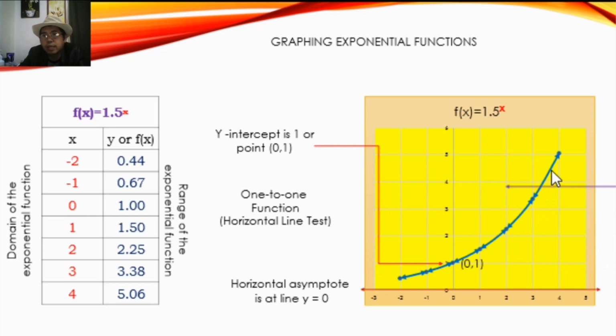Why horizontal asymptote? Because when this graph goes down to your left side, it will not touch the line. It will come closer and closer to the horizontal line, but it will never touch that horizontal line. It is because it is called the asymptote of the one-to-one function we have.